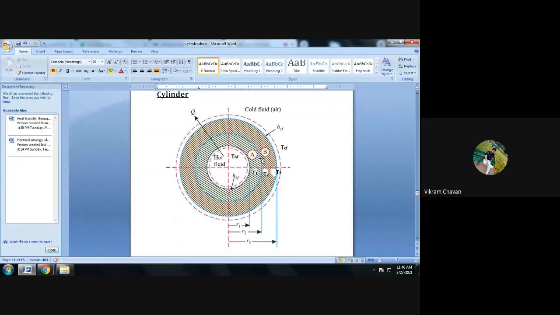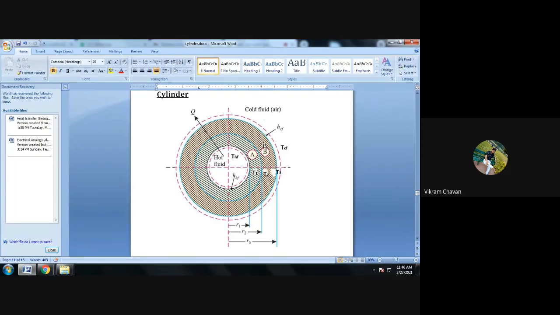Now this external radius of A cylinder is the internal radius of B cylinder. So R2 is the external radius of A cylinder, and the same R2 is the internal radius for the B cylinder.